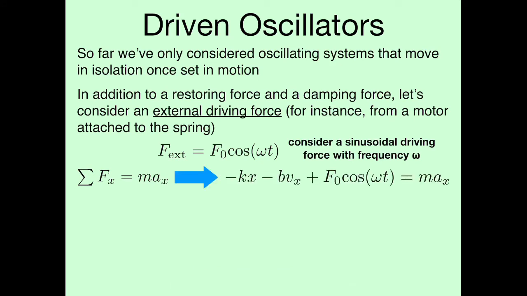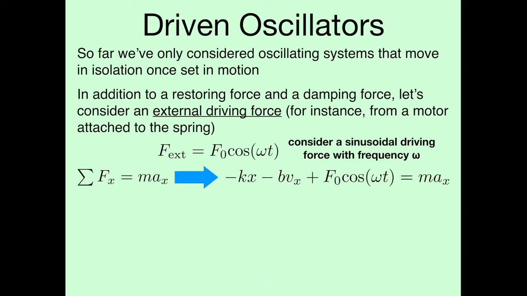We have minus kx, that's the restoring force from the spring. We have minus b times v, that's the damping force due to air resistance. And then we have the driving force, which we add to that. So we have all three forces, and that equals m times ax.